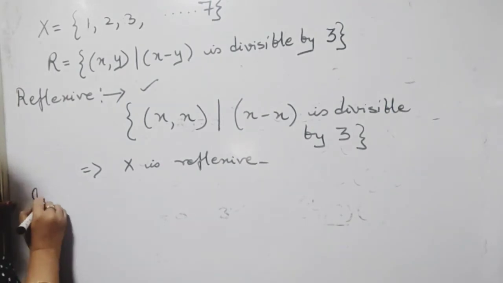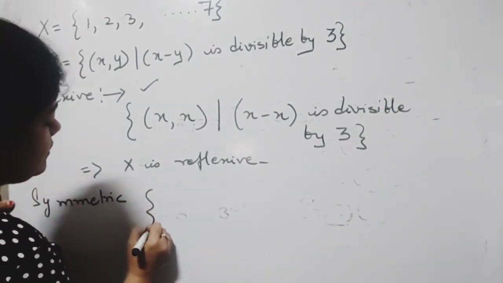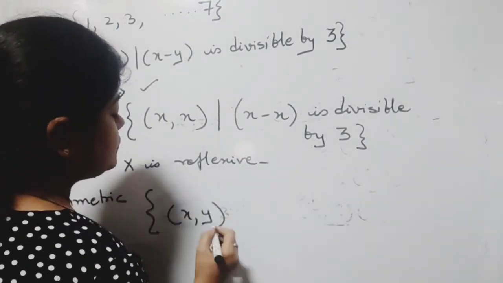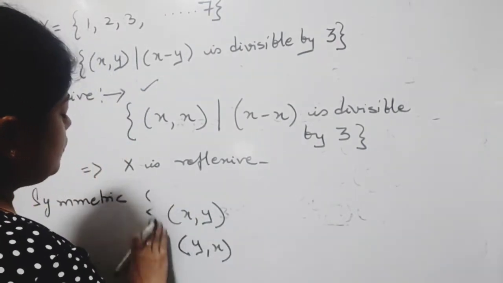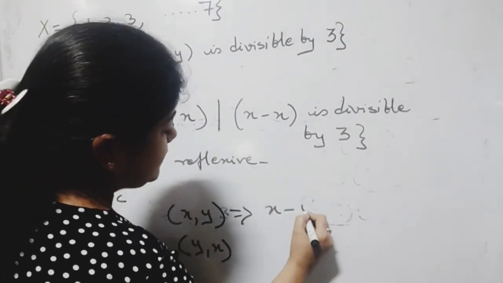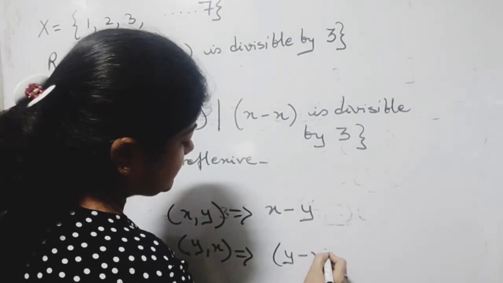Now, second one, symmetric. For symmetric, we have x comma y and another pair y comma x. When we take x comma y, we have the relationship x minus y, and when we have y comma x, we have the relationship y minus x.